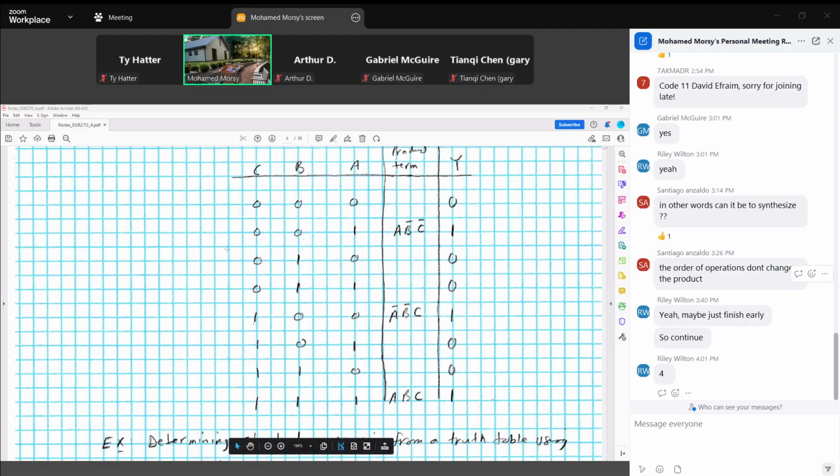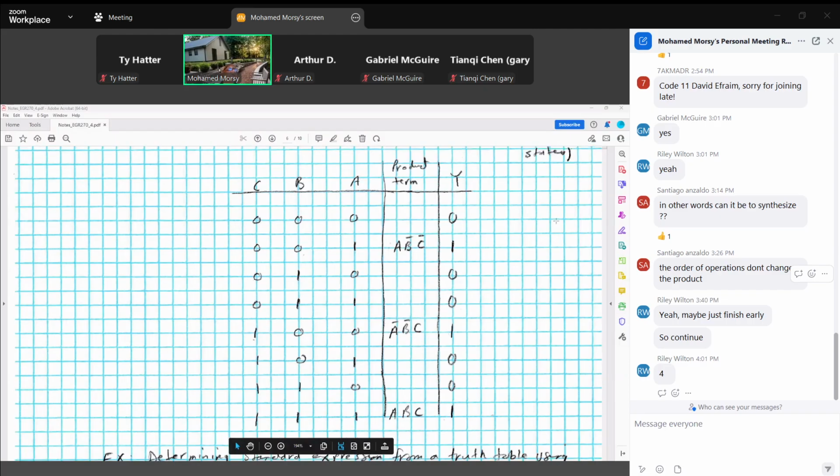So we got all different, unique combinations, not repeated. If you look at any state, it is unique, it's not repeated anywhere in these 8 combinations. And the simplest way to get that, as I mentioned, is to start with 0, 1 on the right side, 0, 1, 0, 1, 0, 1, and then double the number.